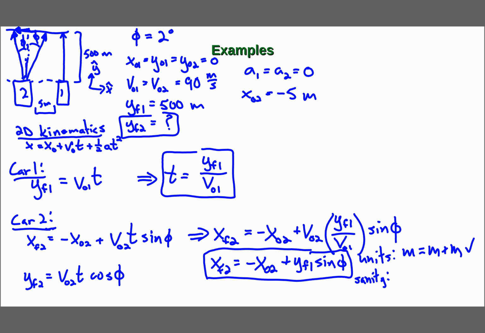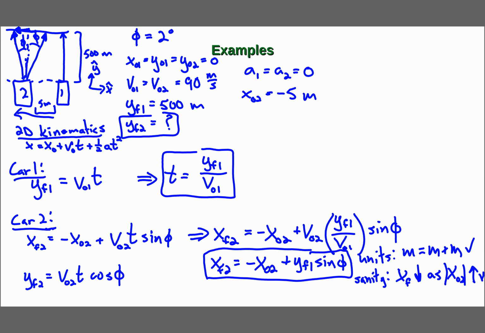And for sanity, x final goes down as the magnitude of x2 goes up, okay? So if we move him further to the left, then his position will be further to the left.